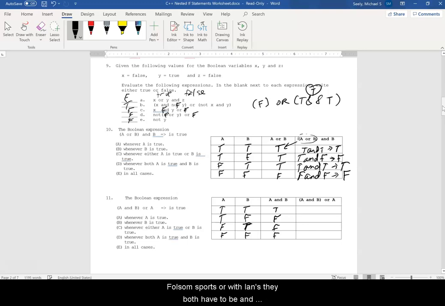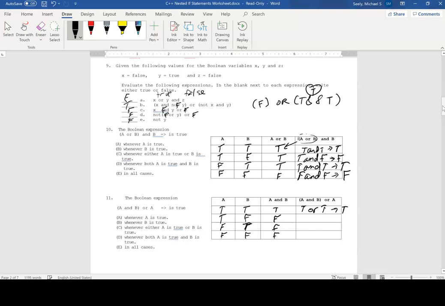So with ands, they both have to be. And that's why I kind of like the word both better when it comes to this stuff, because are both of these true? Yep. Are both of these true? False. Are both of these true? False. Are both of these true? False.